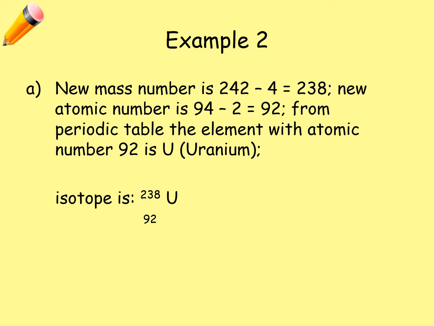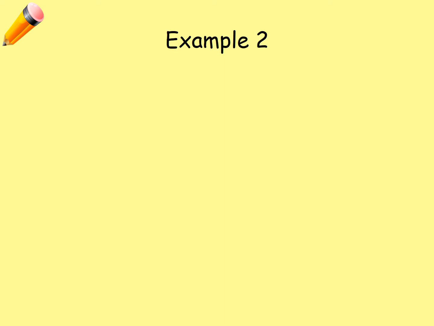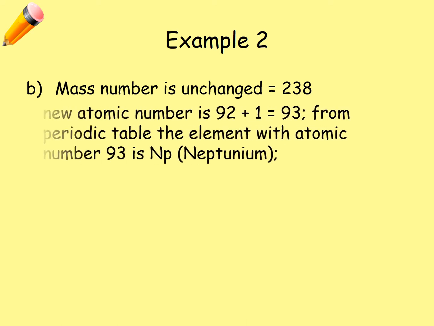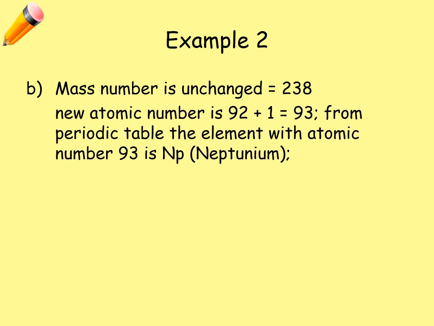The isotope is uranium-238, 92. 238 we get from the mass number, and 92 is the atomic number. In part B, the mass number is unchanged, therefore remains at 238, but the new atomic number is +1 because we have beta decay. Thus the atomic number becomes 93.